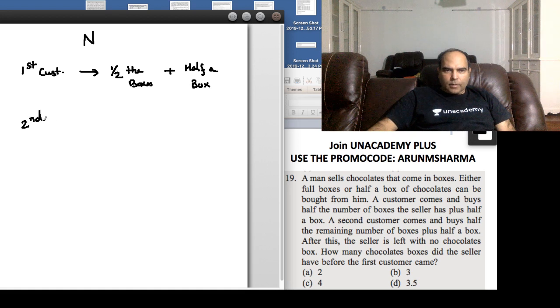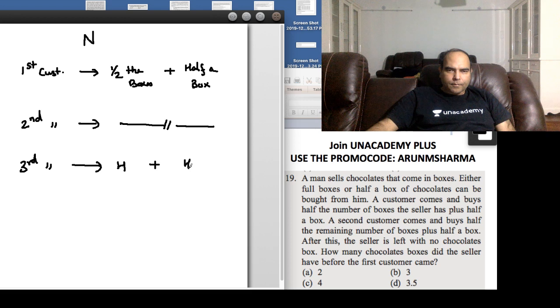Then the second customer came and did the same thing. A third customer came and did the same thing. And a fourth customer came and did the same thing. And after that, the number of boxes with the seller is 0.